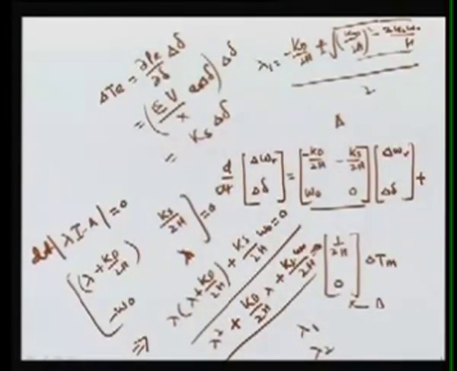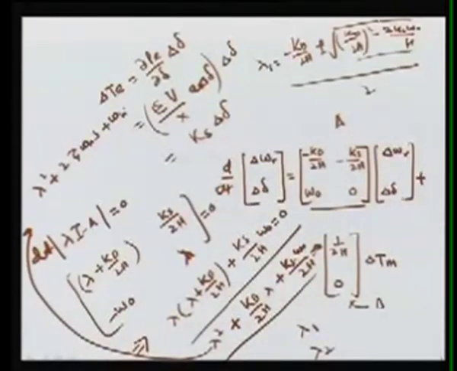So we can now write the undamped natural frequency for this system, simplifying in terms of lambda square plus twice zeta omega n s plus omega n square equal to 0. So this gives the natural frequency of the system.